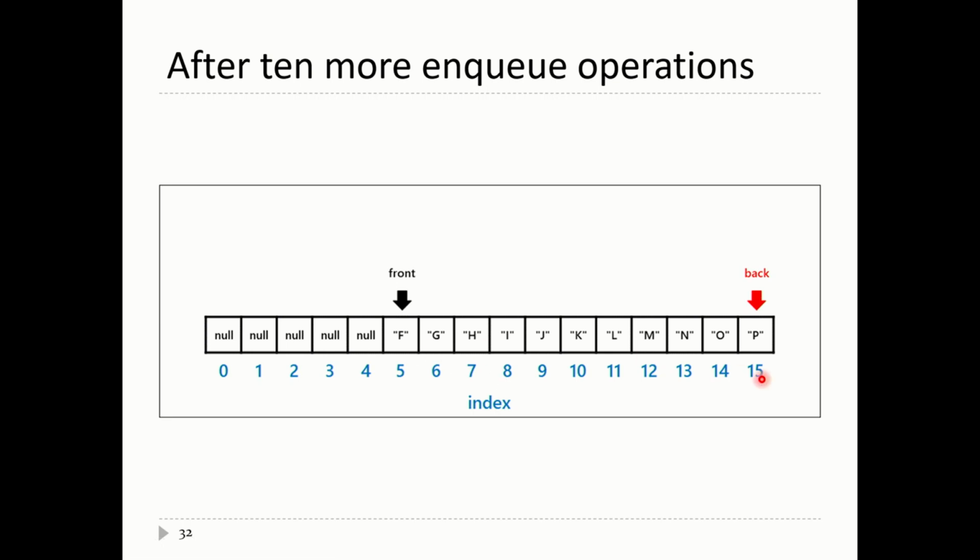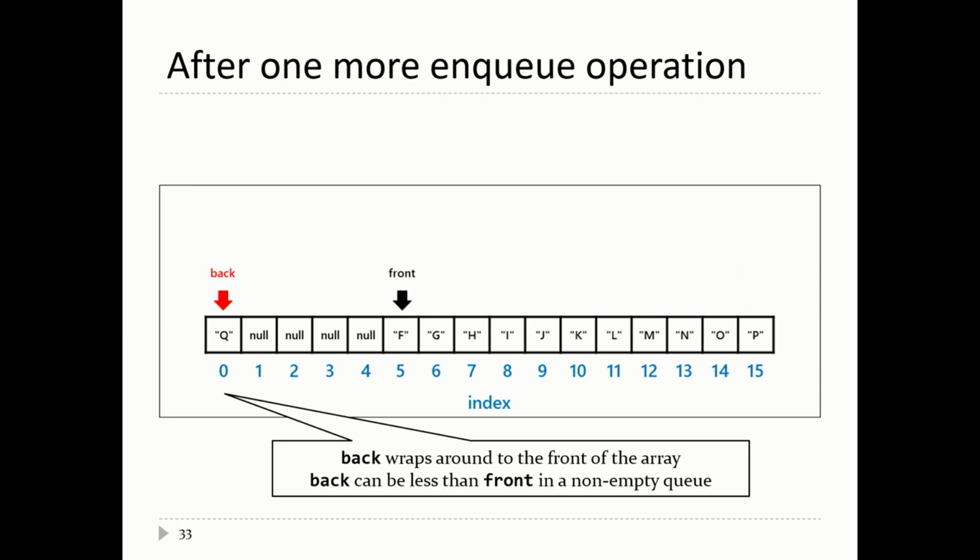Because the queue is not full, there's space at the front of the array. So the queue is not full yet, but back is now at the end of the array. And so when you enqueue again, you have to wrap back to the front of the array. So back wraps around to the front of the array, and now you see that back can be less than front in a non-empty array.